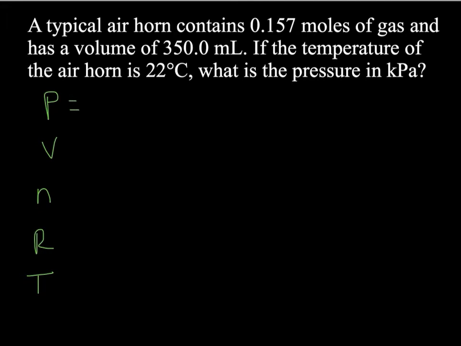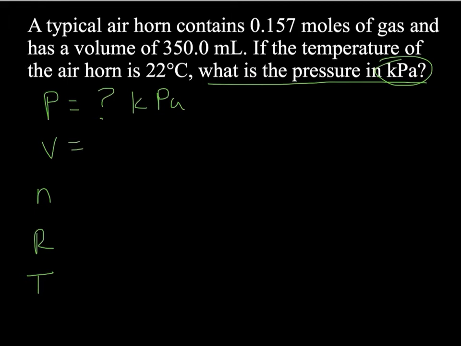When you look at what the question's asking for, what is the pressure in kPa, this is what we're solving for, our pressure. But we have to have units of kPa, and this is going to help us define our R value.